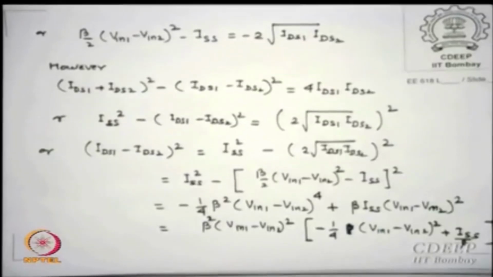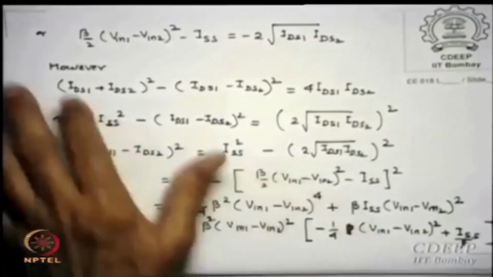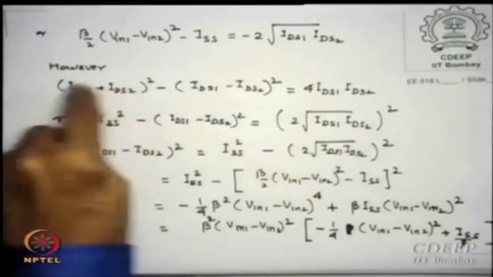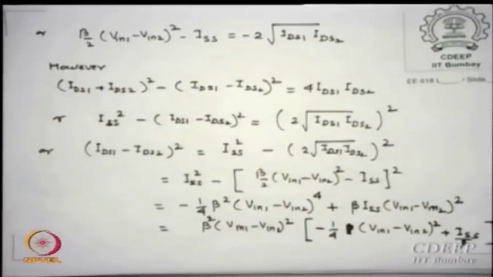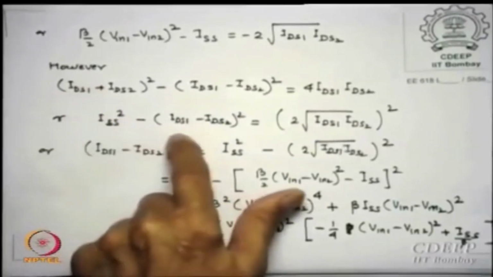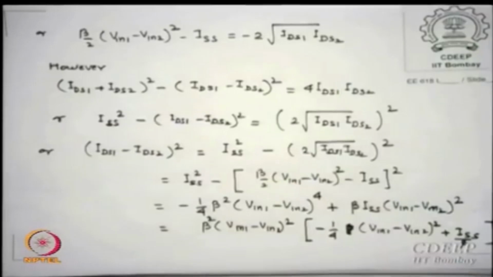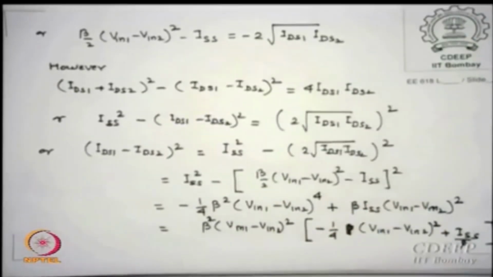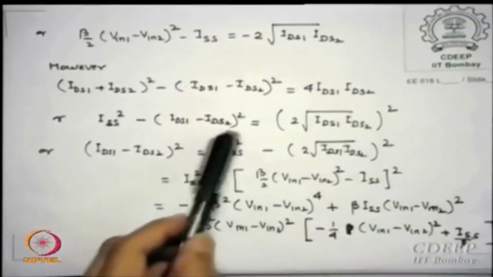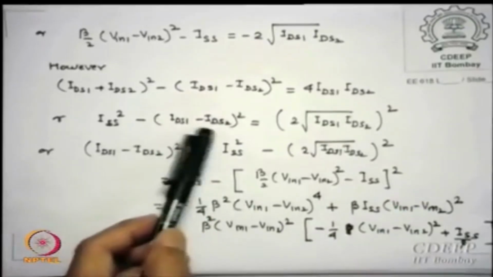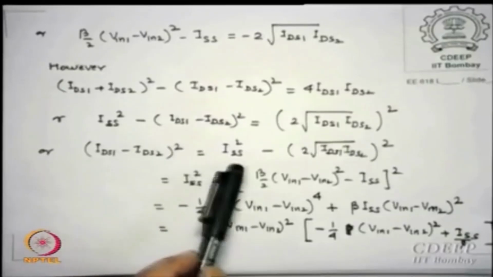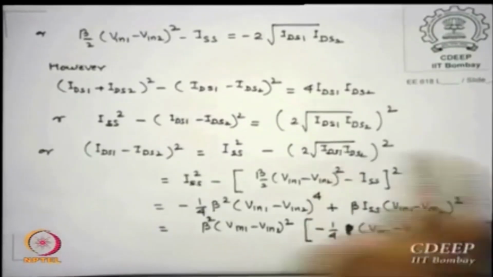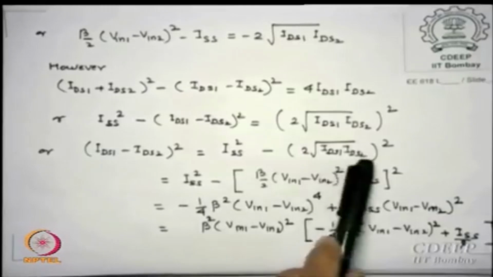So 4 IDS1 IDS2 is nothing but the subtraction of these two, but what is this term? ISS squared. So we write ISS squared minus (IDS1 minus IDS2) squared is (2 under root of IDS1 IDS2) whole squared. Therefore this term (IDS1 minus IDS2) squared is ISS squared minus that term, but how much is this term from here?